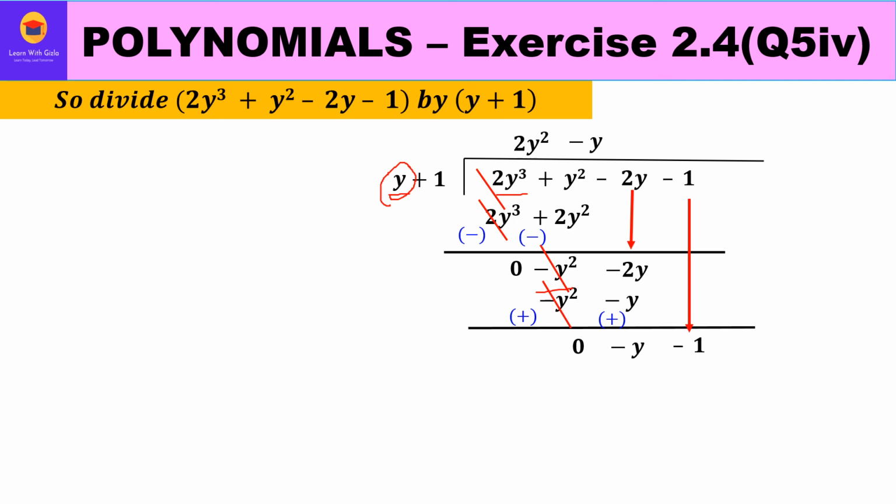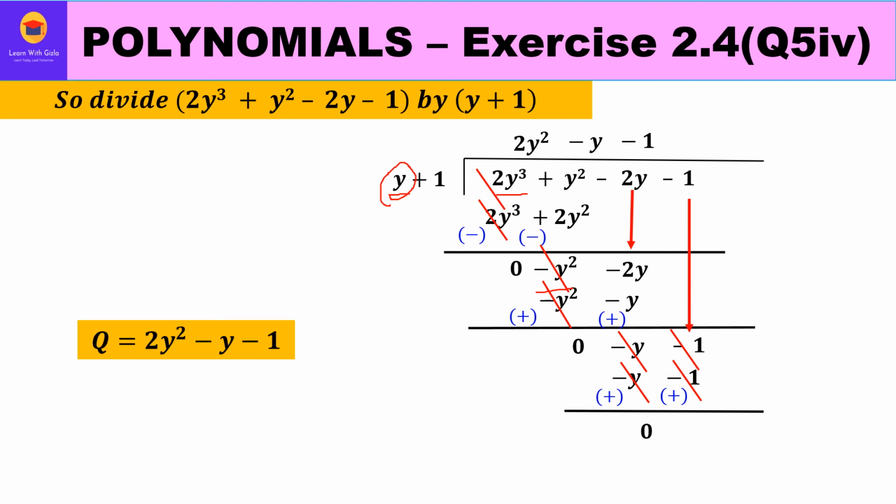Bring down minus 1, right? Now you have to think of a number which should be multiplied to y to get minus y. So naturally minus 1 you will multiply with the divisor y plus 1. You will get minus y minus 1 and change the sign. These will get cancelled and the remainder is 0. So the quotient you are getting is 2y square minus y minus 1 and the remainder is 0.